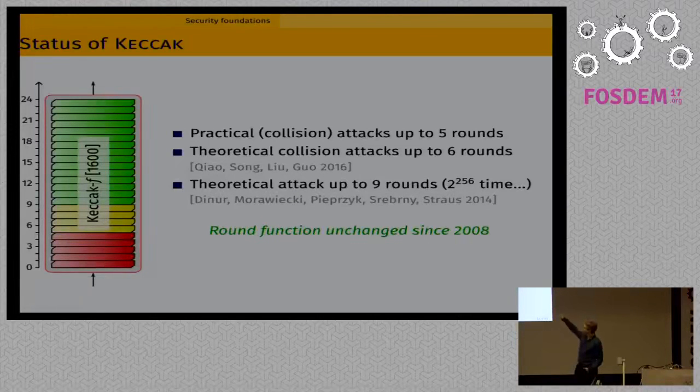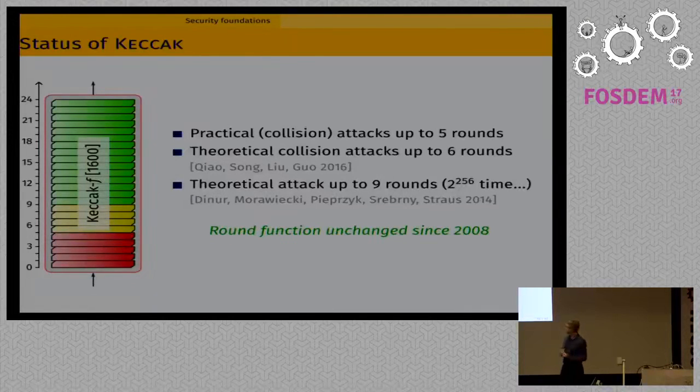So the status for Keccak F is the following. Keccak F, the largest permutation, has 24 rounds. Keccak has been practically broken up to 5 rounds. The best attack on 5 rounds is a collision attack, published last year. If you allow theoretical complexities, so not having an explicit example, but an algorithm of complexity less than the expected complexity, then you can have collision attacks up to 6 rounds.